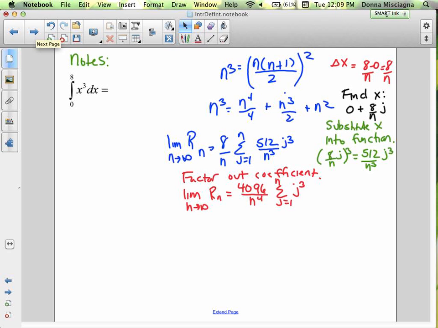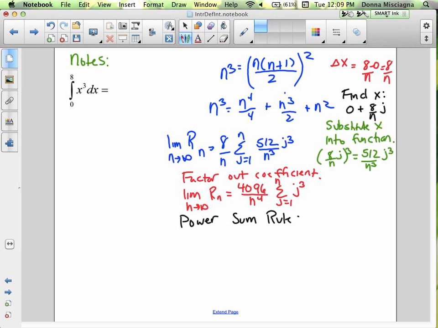And now we'll use the power sum rules for sigma. So that would be the limit as n goes to infinity, R subscript n. We have 4,096 divided by n to the 4th, and we'll just change that j cubed to what we have above there, which is n to the 4th divided by 4 plus n cubed divided by 2 plus n squared.